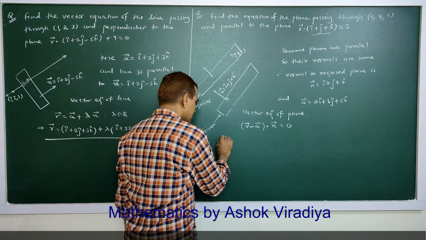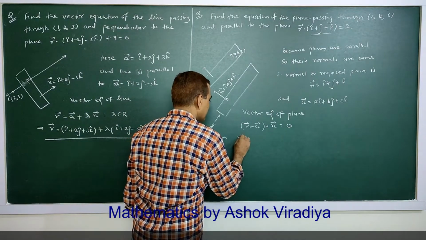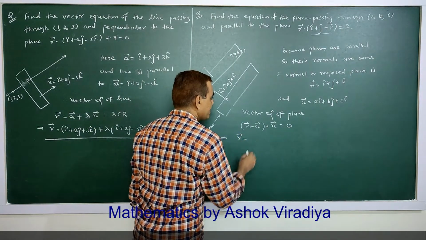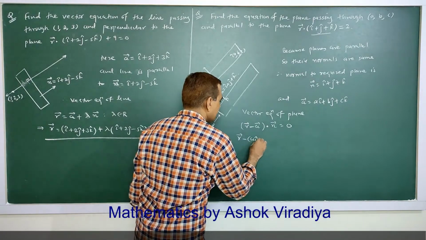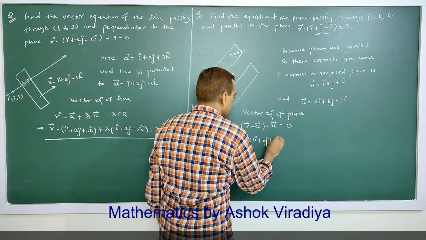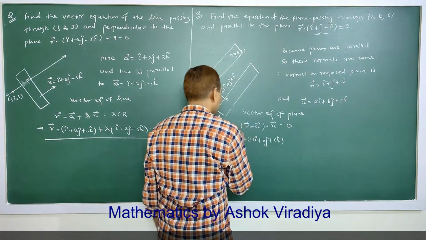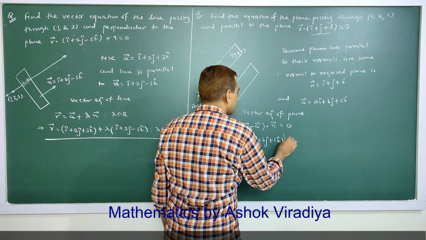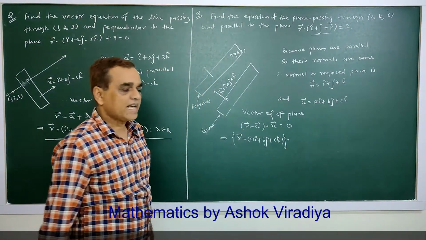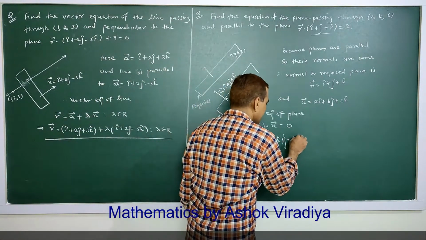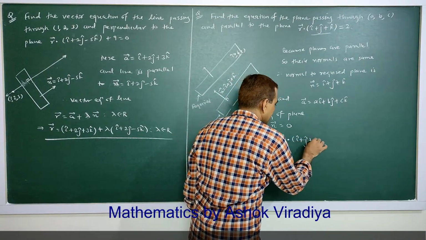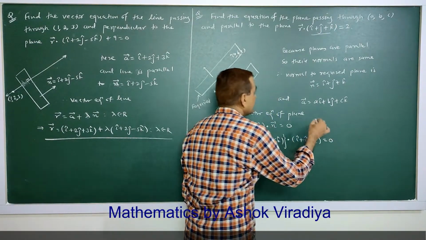That is, (vector R minus (ai plus bj plus ck)) dot (i plus j plus k) is 0.